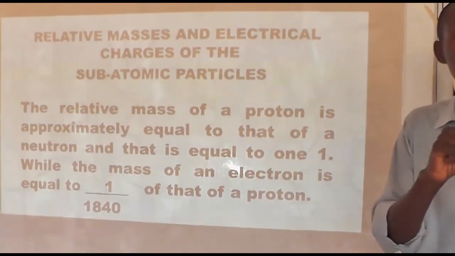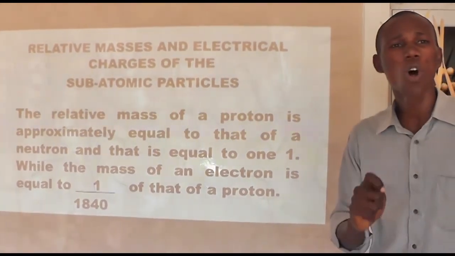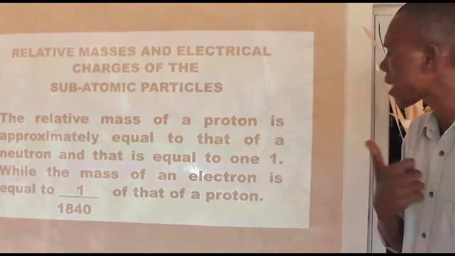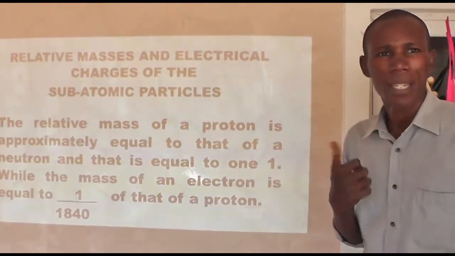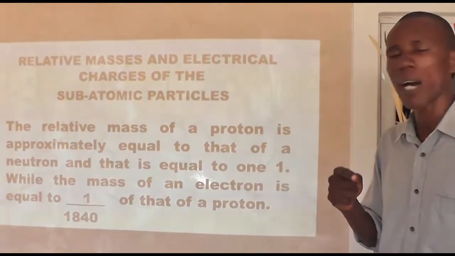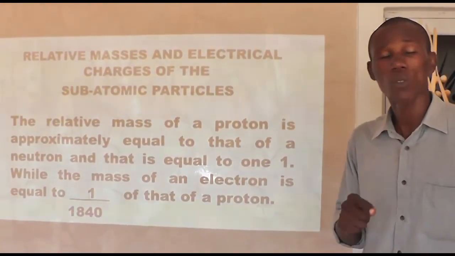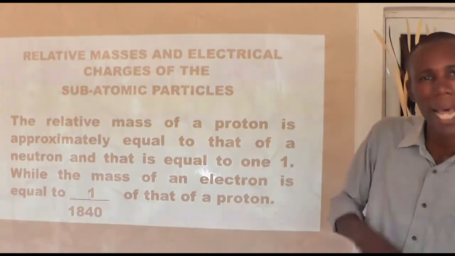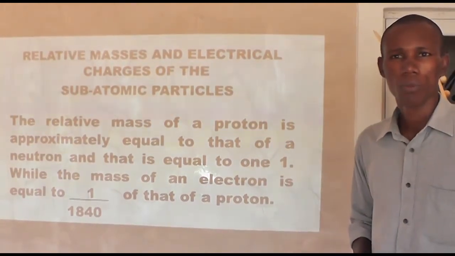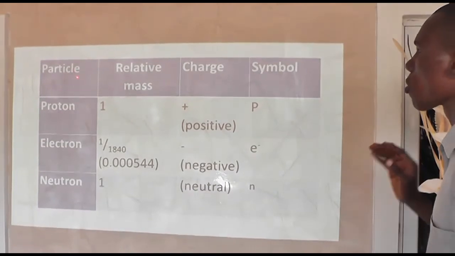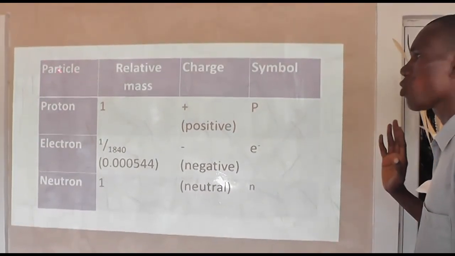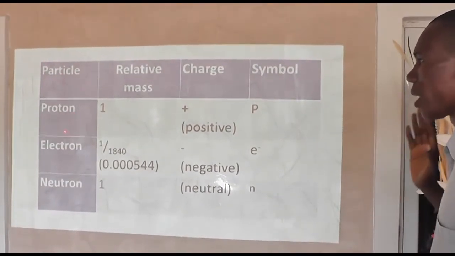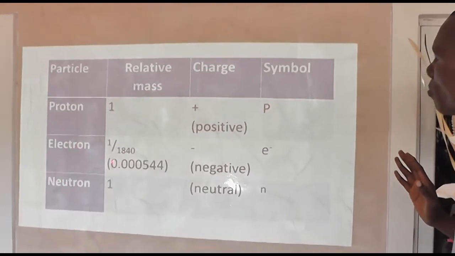That is 1 over 1,840 that of a proton. That is, it is 1,840 times smaller than a proton. The table shows particles. And what are those particles? Proton, electron, and neutron.